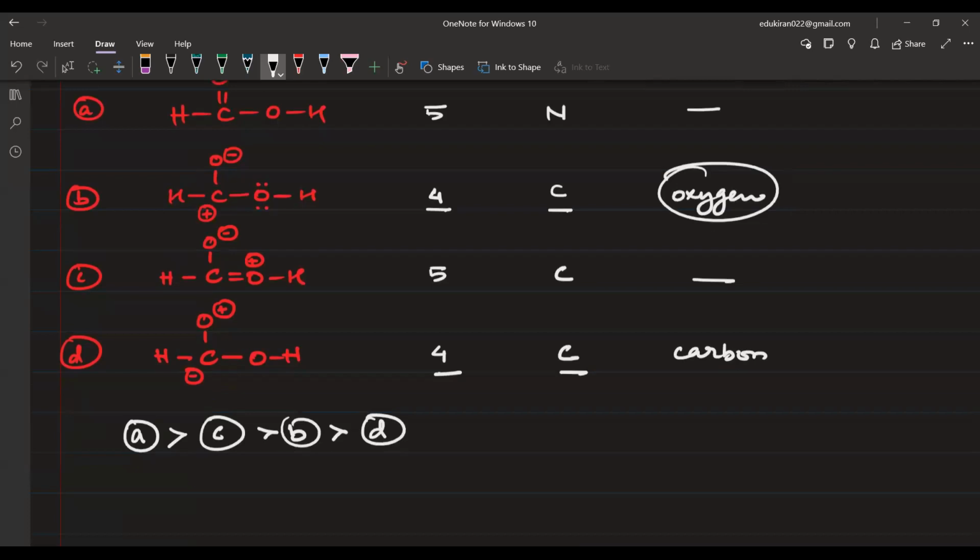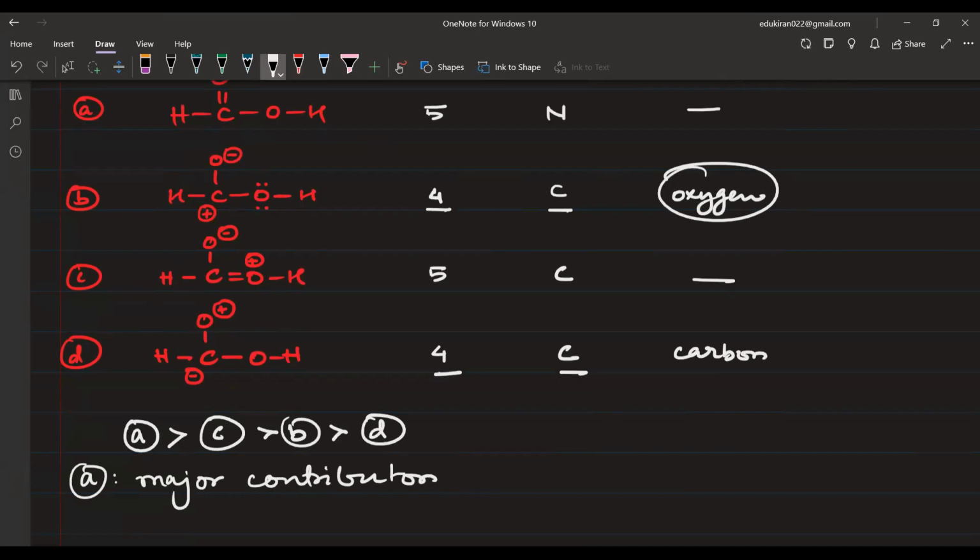So which is the major contributor? A is the major contributor. बाकी B, C, and D, all of these are what? All of these are not major contributors. These are minor contributors towards the resonance hybrid structure.